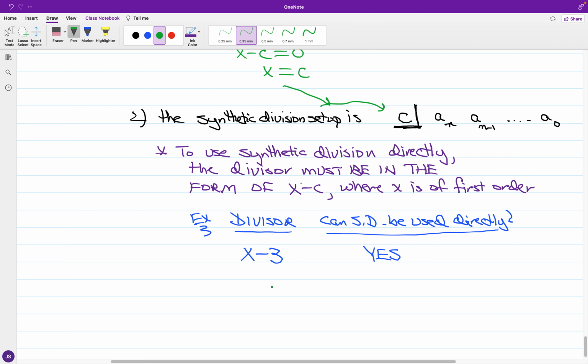And if we have, let's say, x plus 2, now in the general case, addition of a constant can be translated to subtraction of the additive inverse. And x is still first order, so that is going to be yes.